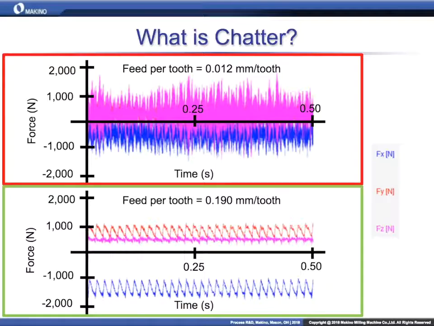And even in the best case scenario, if that pattern followed, you would have erratic behavior, because it's not tooth passage, force, tooth passage, force. It's rubbing, nothing, oh, we sheared a chip, oh, rubbing, nothing. In the top graph, everything is held the same except the feed per tooth is changed.